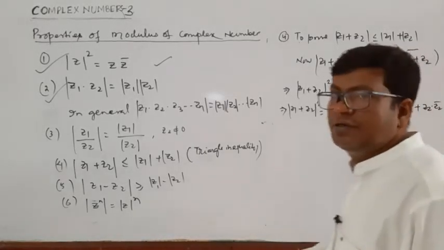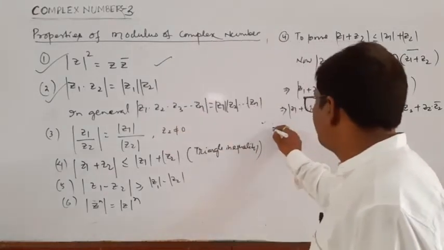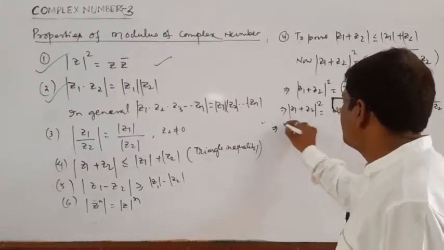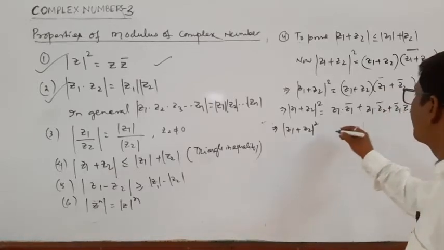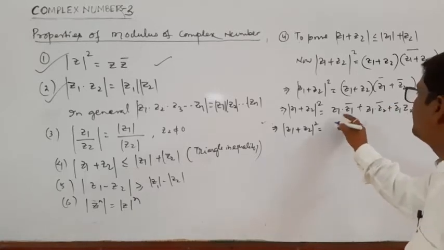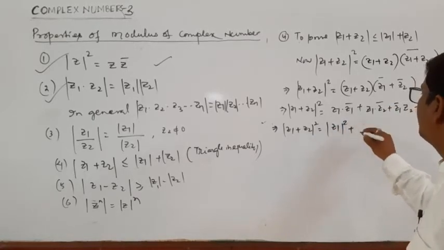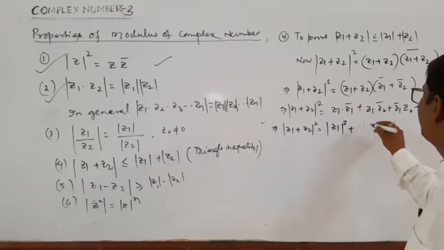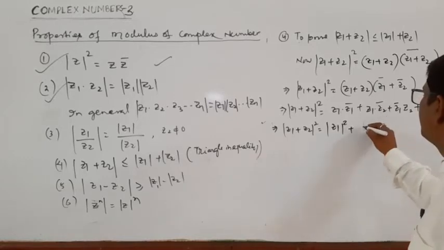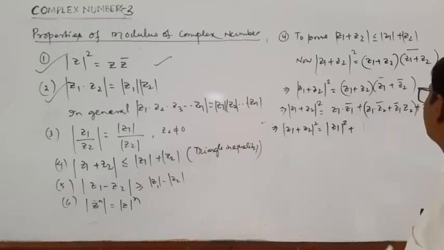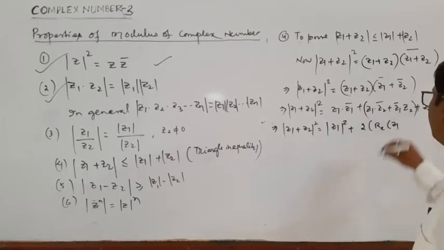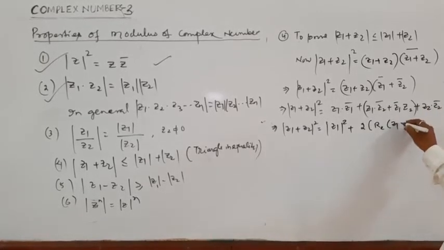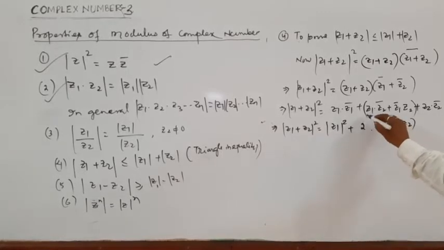This is the multiplication. That implies mod z1 plus z2 square is equal to mod z1 square plus mod z2 square plus 2 into real part of z1 into z2 conjugate. This is the property.